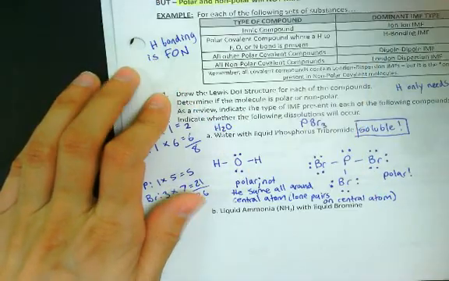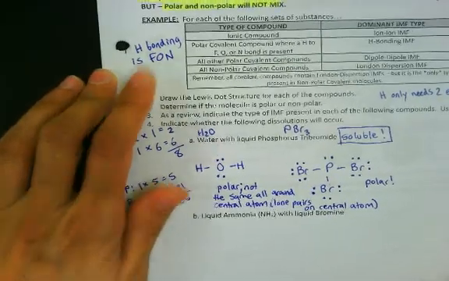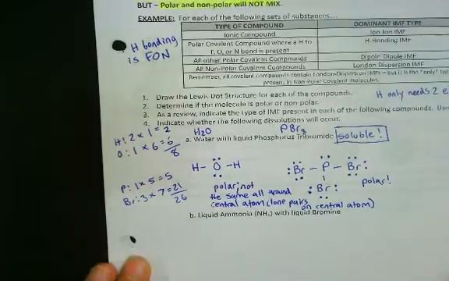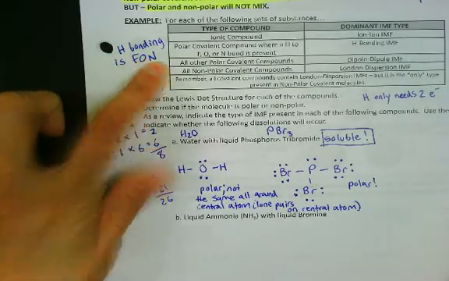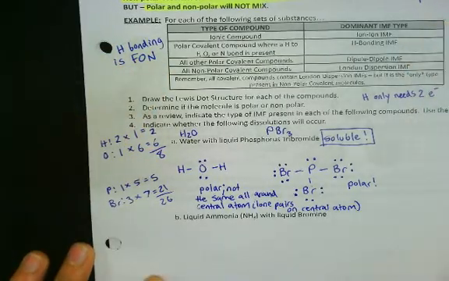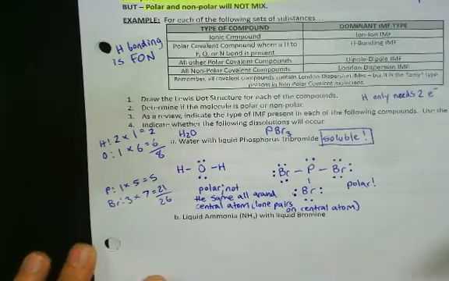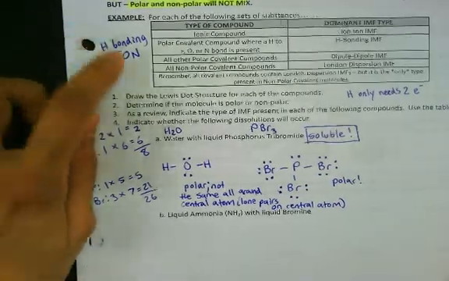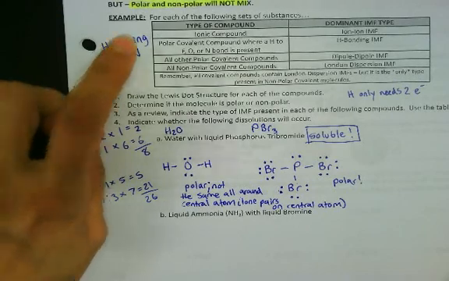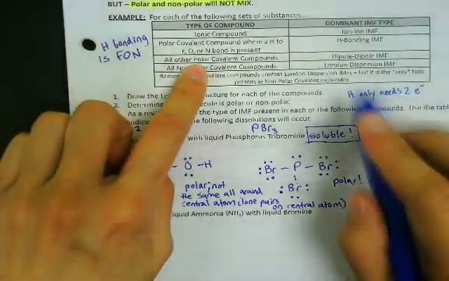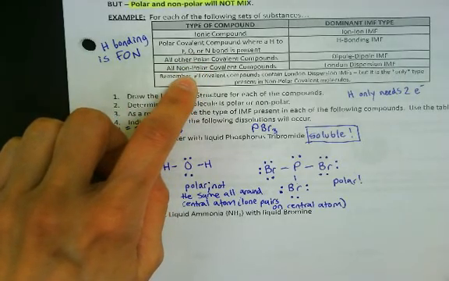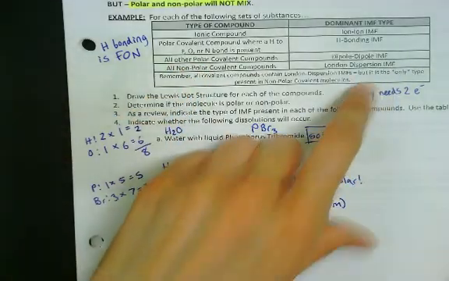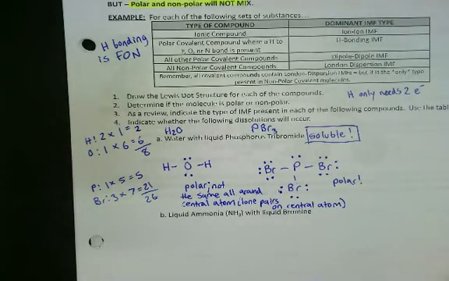I know it's a little corny, but replace the U with the O. If you have an H bonded with an F, an O, or an N, H bonding is the dominant IMF. If you do not have an H bonded with one of these elements, and it is polar, then you just have dipole-dipole as your dominant force. And for any non-polar covalent compounds, the dominant force is going to be London dispersion.